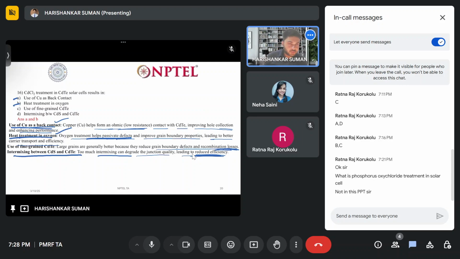What is the phosphorus oxychloride treatment in solar cell? The name is clear: treatment.